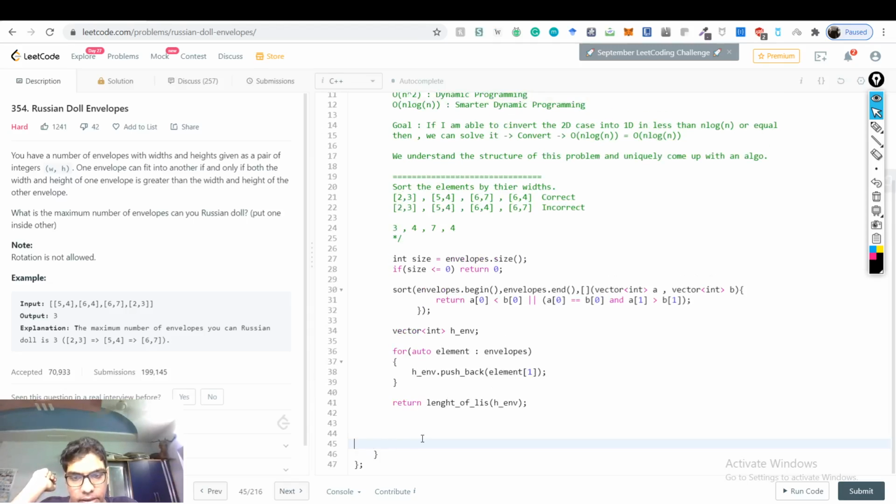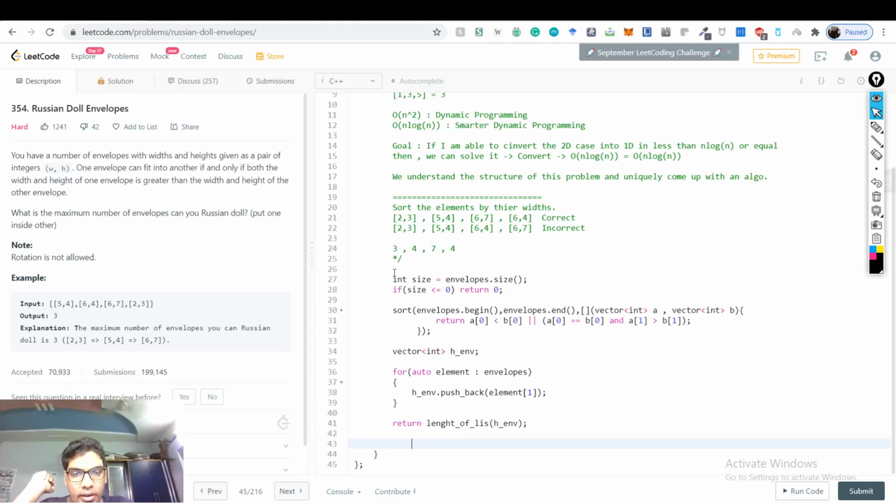The complexity of the conversion part, converting this 2D problem to a 1D problem, is this sort operation, and this sort operation is actually n log n, right?